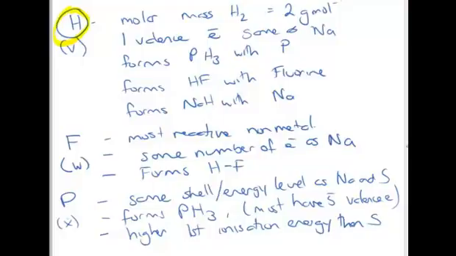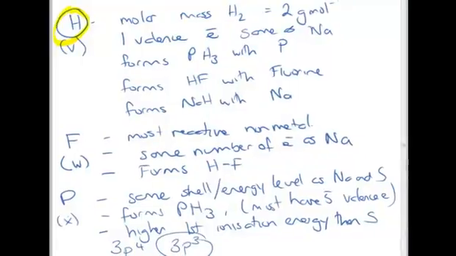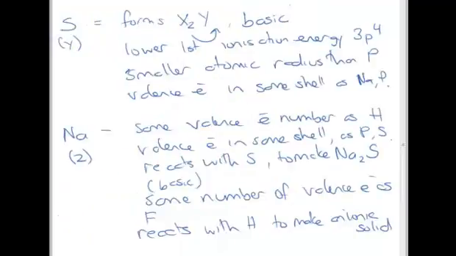Now that's something that's not immediately apparent, but if you write out the electron configuration, you'll find that 3p4 and 3p3, so 3p4 would be for sulfur, so it's actually quite easy to remove that because one of the p orbitals has got more electron repulsion, and the 3p3 one for phosphorus makes it higher in ionization energy because we've got stability there with a half full shell. Okay, so that's those ones so far.